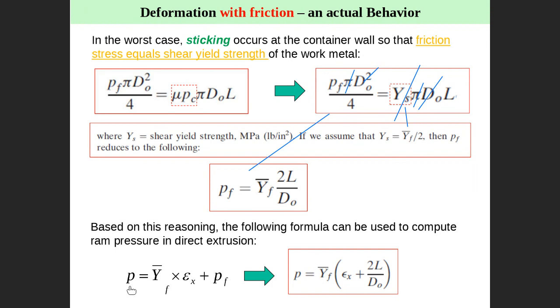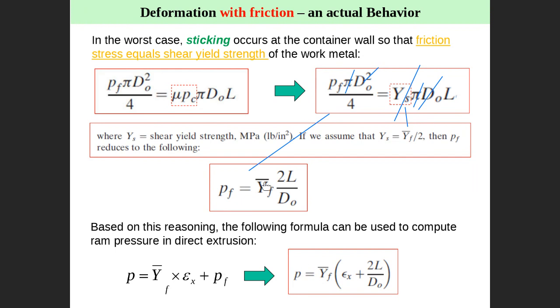Then go back to the previous equation. The total pressure equals the pressure required to flow the material in the extrusion plus the pressure to overcome the friction in the wall. So this one is Y bar flow epsilon x plus BF. BF can be replaced by this one.